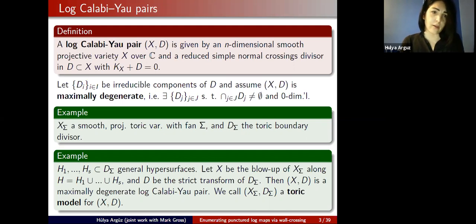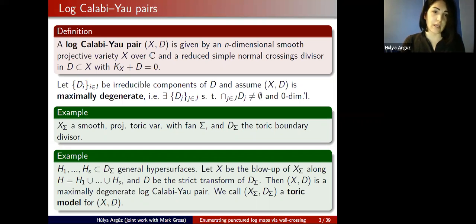And as an example of a log Calabi-Yau pair, we can consider smooth projective toric varieties X_Σ, where D_Σ is the toric boundary divisor. And a more interesting example is if we consider blow-ups of toric varieties at general hypersurfaces on the toric boundary.